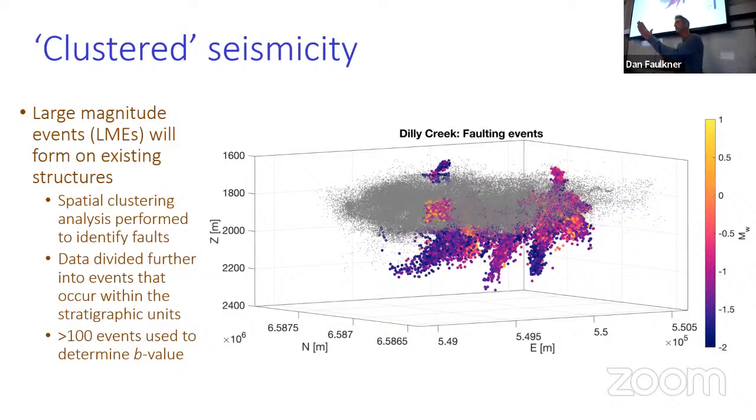Once we'd identified those, our cluster analysis picked the events which were in close proximity to these fault planes, and we separated those out from this cloud of grey events, which are not associated with any discernible pre-existing fault structures or planar structures within the rock mass.